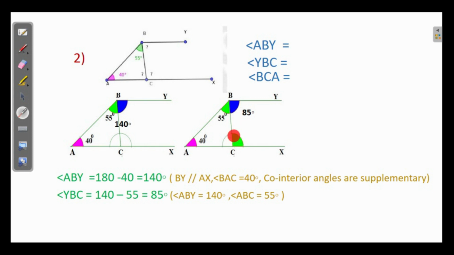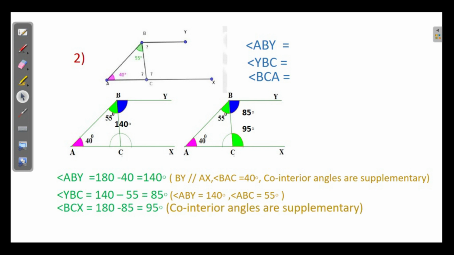Co-interior angles are supplementary. So 180 minus 85 is equal to 95 degree. Co-interior angles are supplementary. The name of the angle is angle BCX.